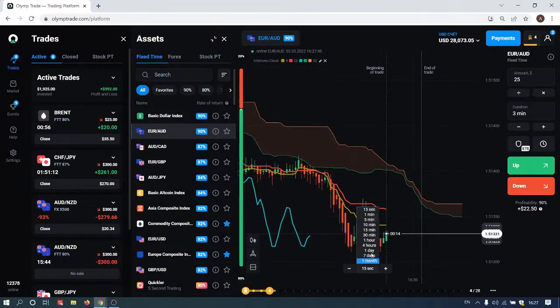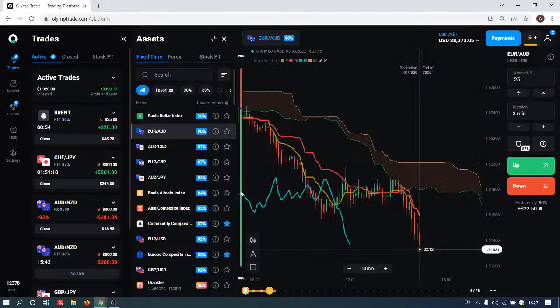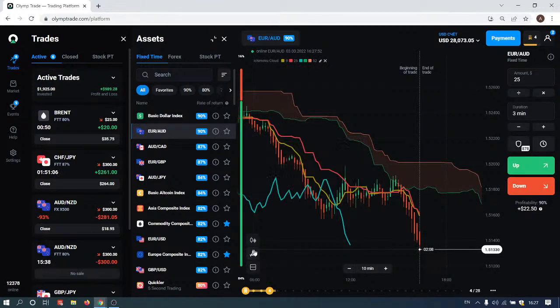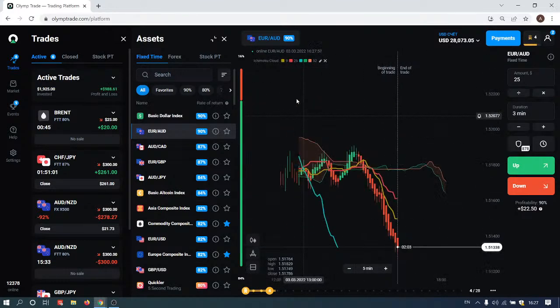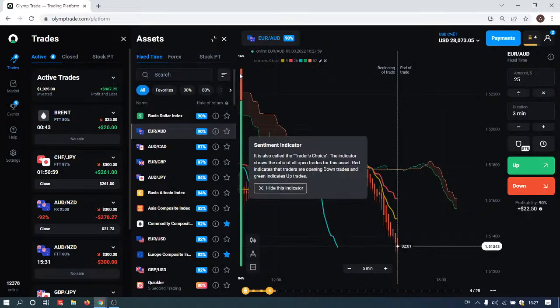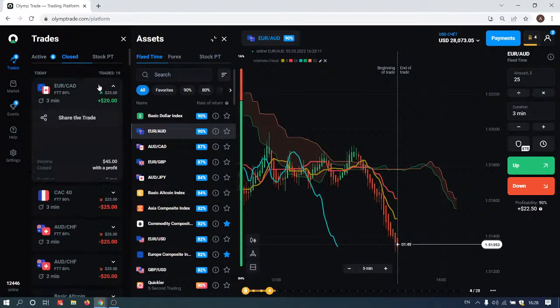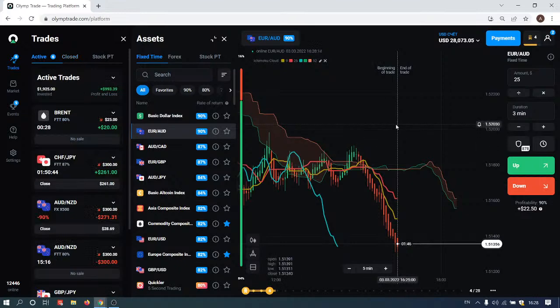For example, currently 83% of trades are in the upwards direction on this asset, and only 16% of trades are in the downwards direction. So this sentiment shows you the average temperature, what people feel about these trades, about these assets.